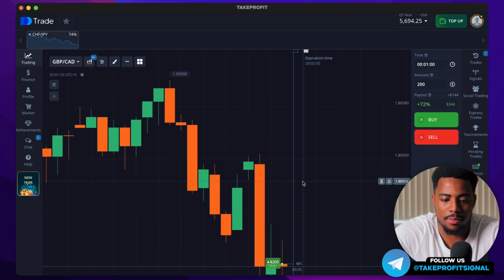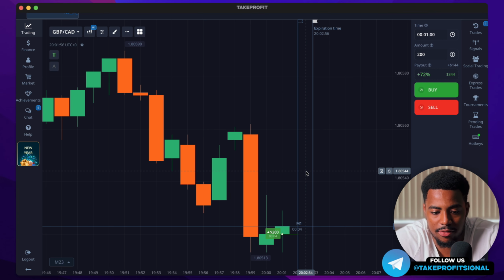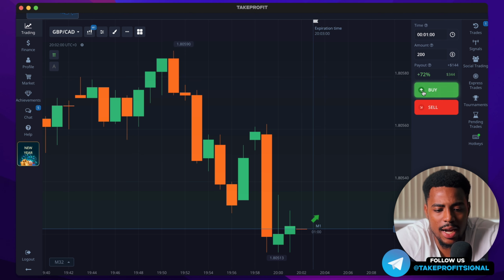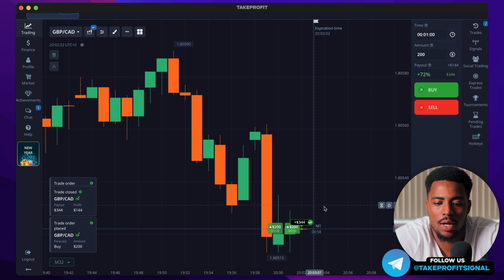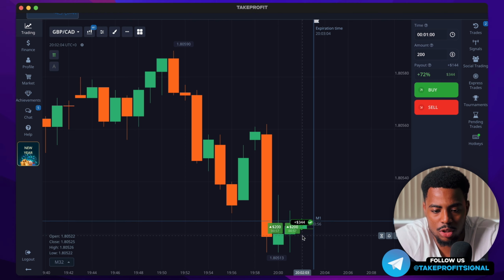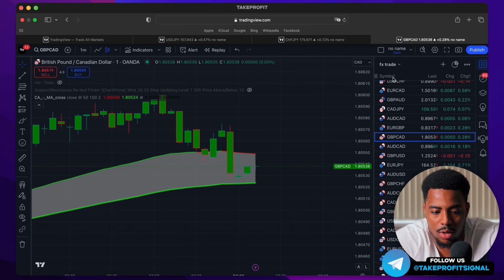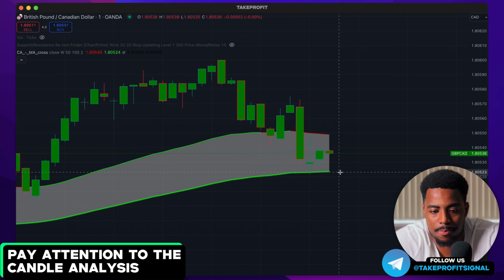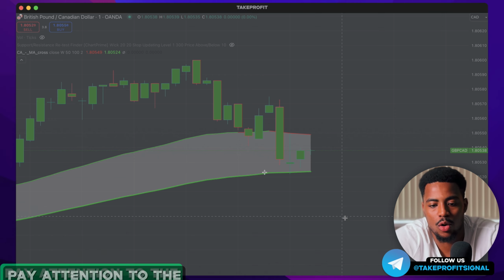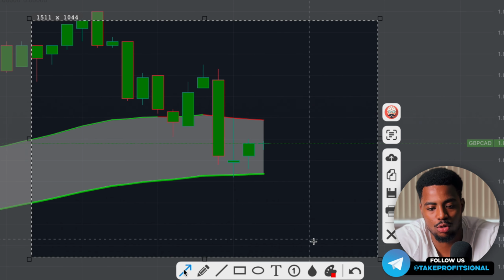In the meantime, we have 5 seconds left before closing the trade. To be honest, I don't like it very much. So we'll open a couple more trades now, even though the previous situation brought us results. Here we also pay attention to candle analysis. We have a doji candle, which I told you about.